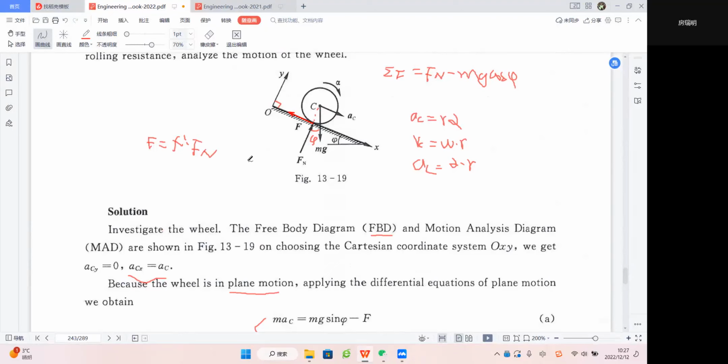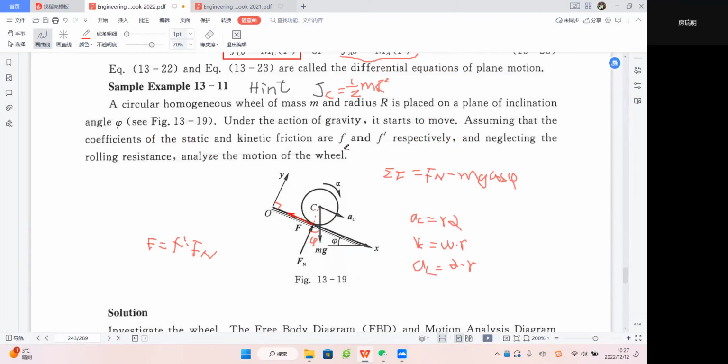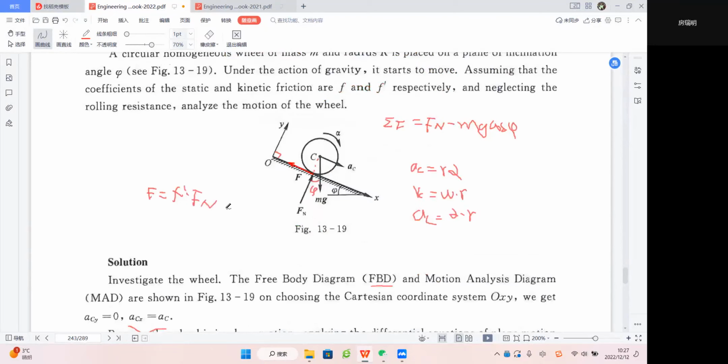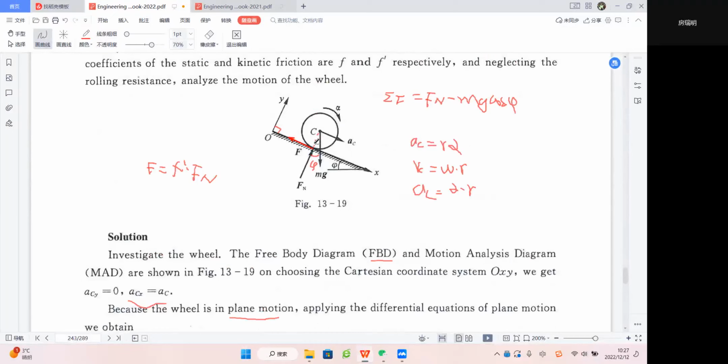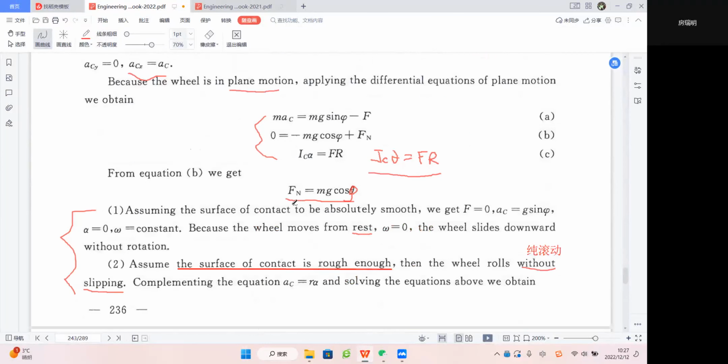F prime means the kinetic friction coefficient, and Fn is always true. Fn will always equal mg cosine phi, it never jumps. So AC always equals 0, right? So this is the third assumption.